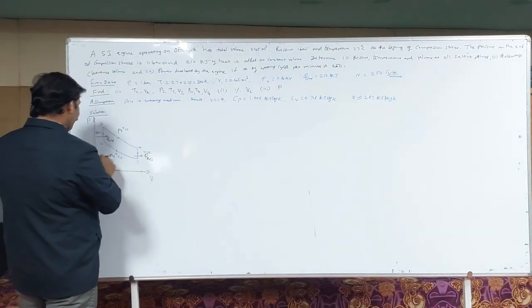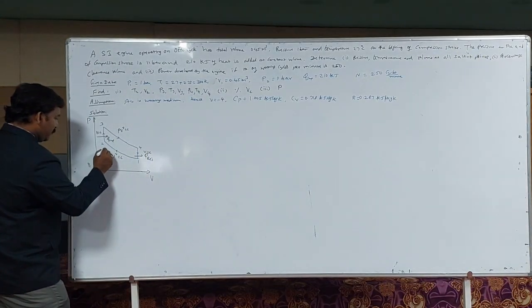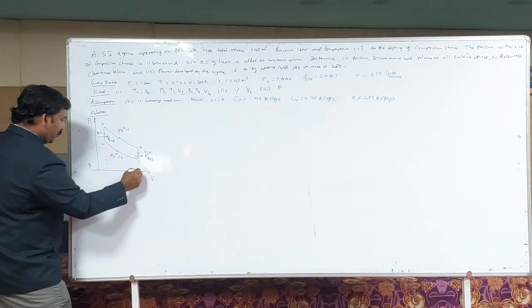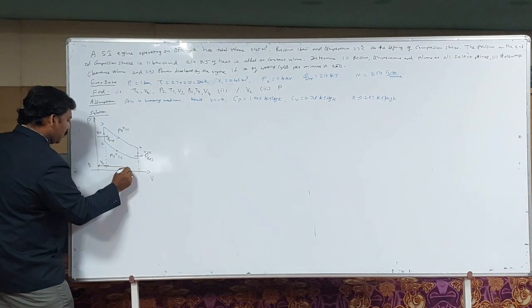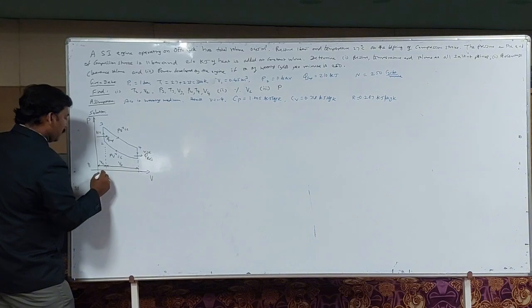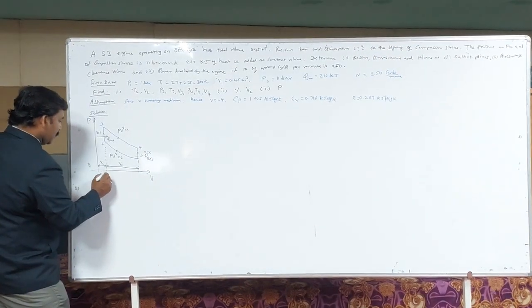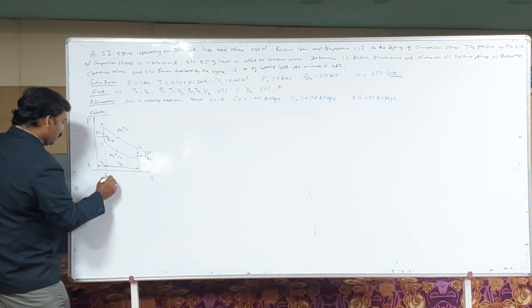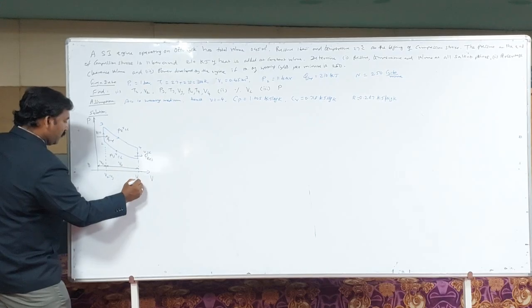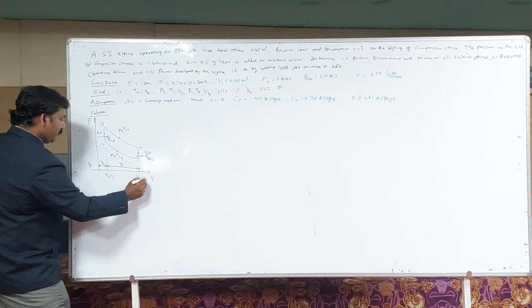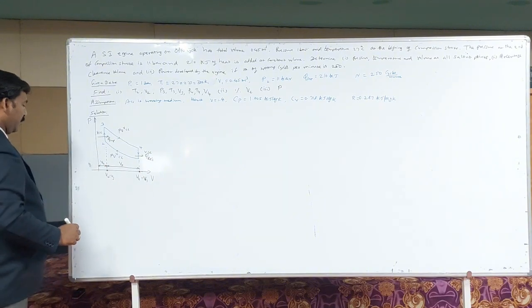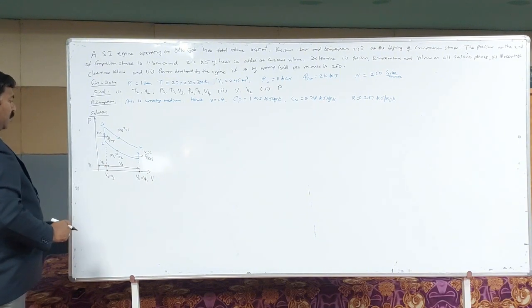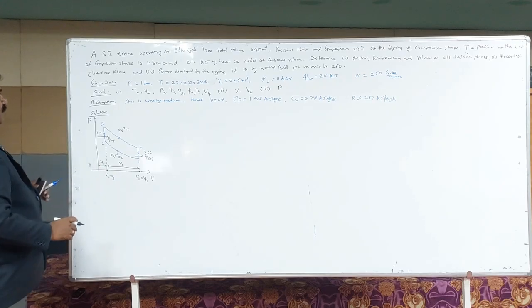So now we will mark out the clearance volume and swept volume here. So this is clearance volume and this one is a swept volume, and this V2 is equal to V3 and V4 is equal to V1. All right. So now we have to solve this problem.